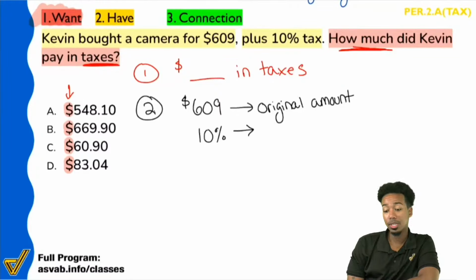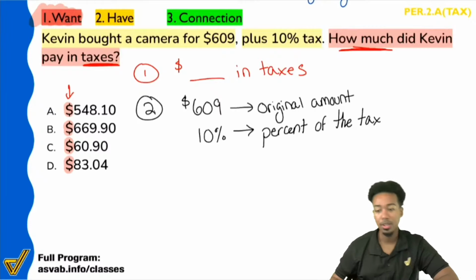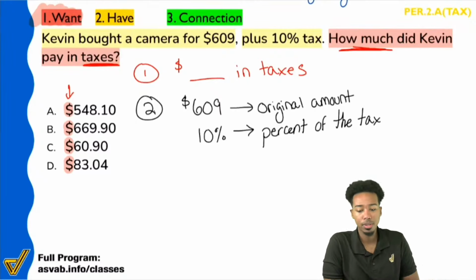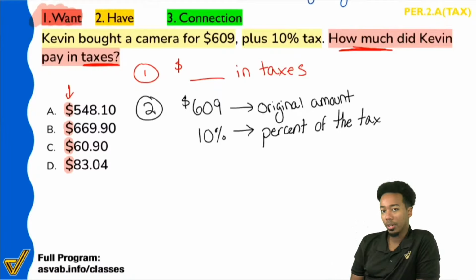Right. That represents the percent of the tax. Percent of the tax. That's it right there. Absolutely. So we're looking for the amount of the tax, and we have the percent of the tax.